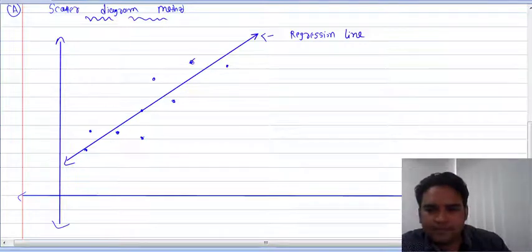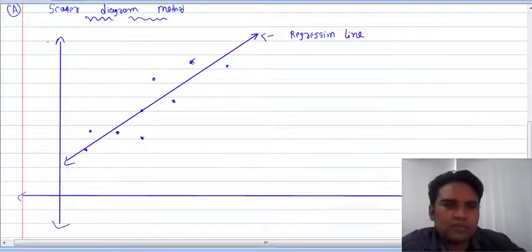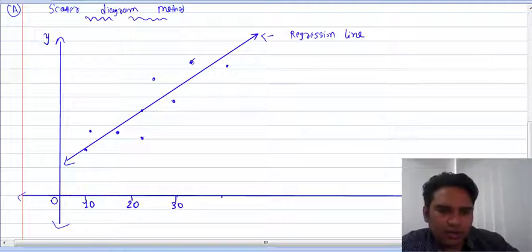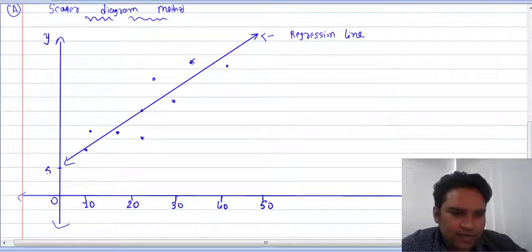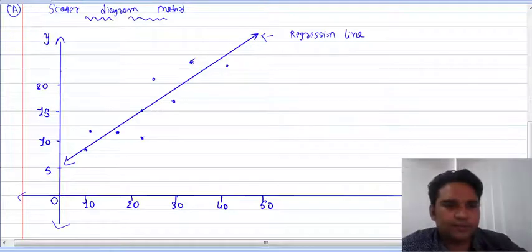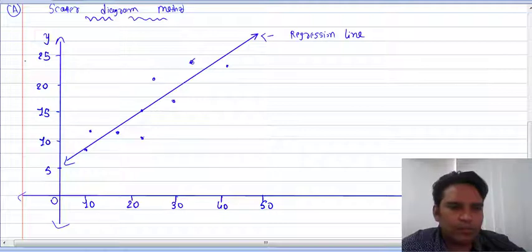Suppose let's take some numbers. This axis is 10, 20, 30, 40 and 50, and this is 5, 10, 15, 20 and 25.